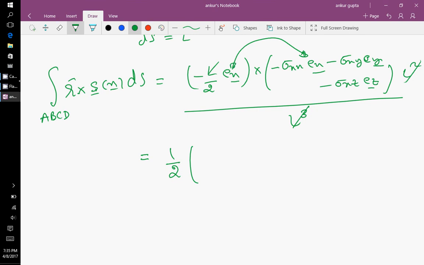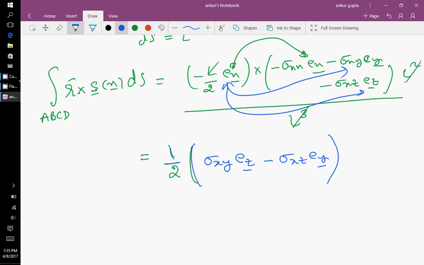So the cross product of x with x is 0, x with y is z, and x with z is minus y. So this actually becomes sigma xy ez minus sigma xz ey.